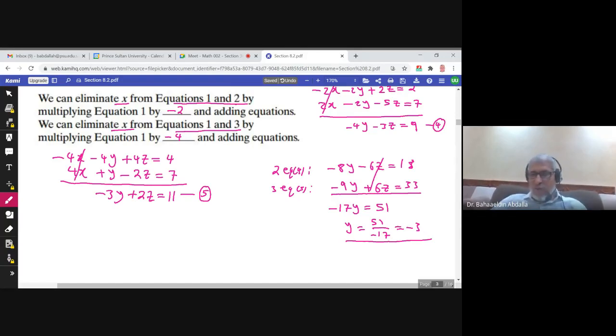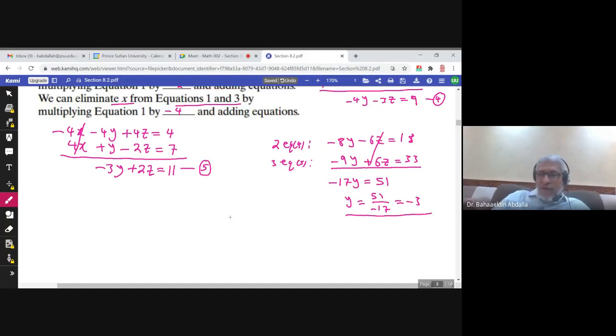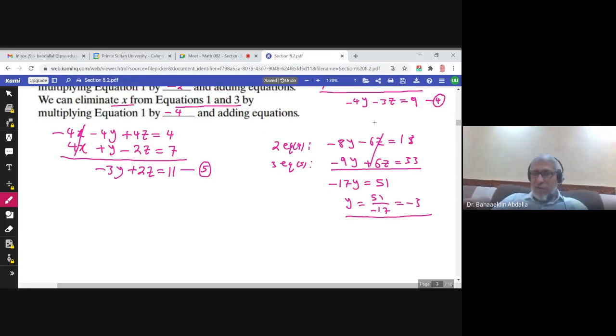What should you do? Now you use the y value, you put it in equation 4 or 5. I'll use equation 5. From equation 5, negative 3 times y is negative 3, plus 2z equals 11. So 2z would be equal to, this is 9, if you take it to the other side, 11 minus 9 is 2.